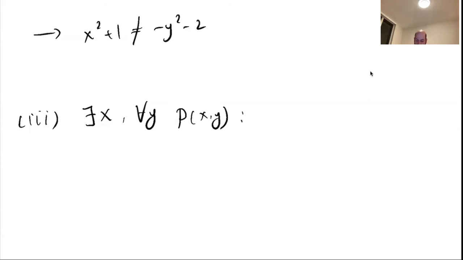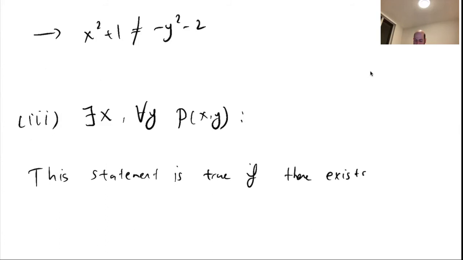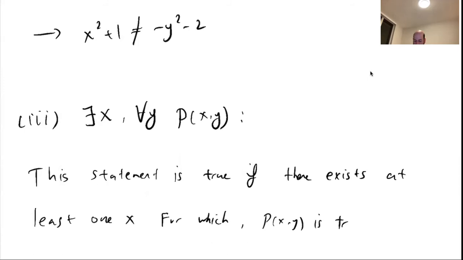So I can say that this statement is true if there exists at least one x for which p of x and y is true for every y.